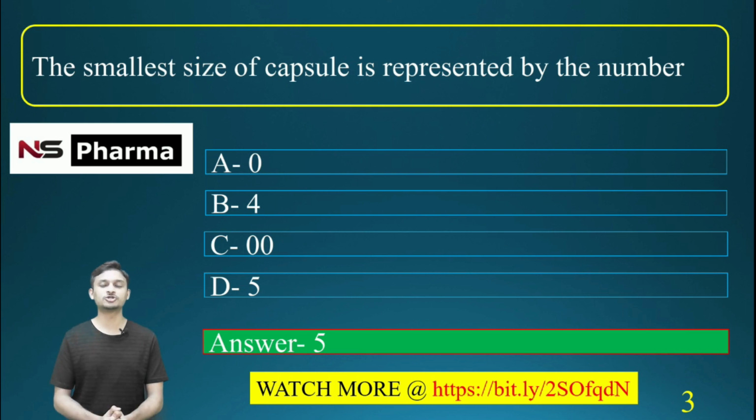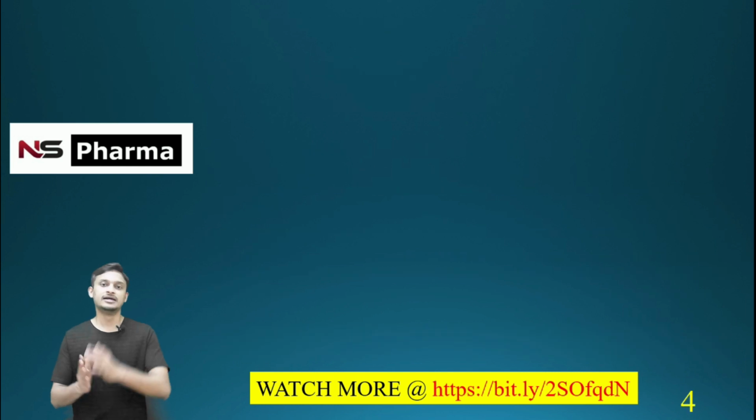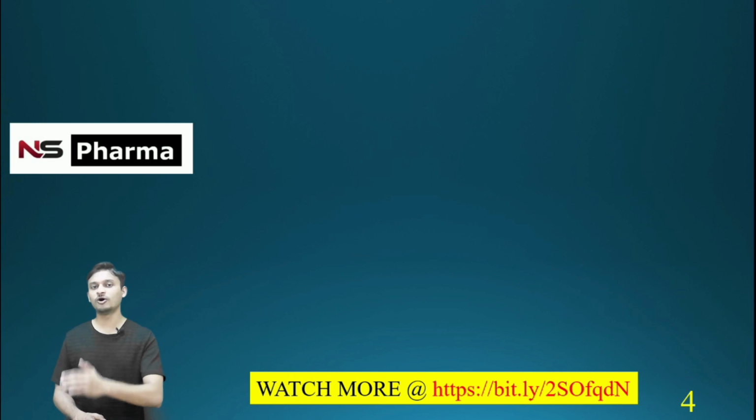The biggest size of capsule is represented by the number 000, which can include almost 950 milligram of aspirin. The capsule numbers are 000, 00, 0, 1, 2, 3, 4, 5 in descending order of capacity. 5 is the smallest size.